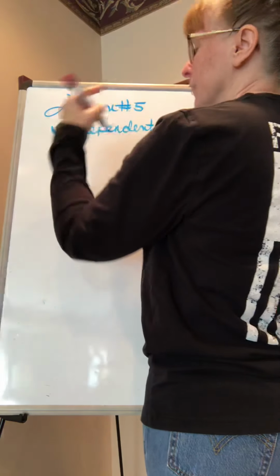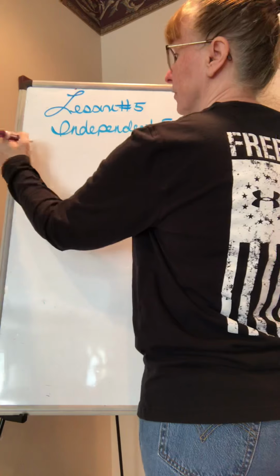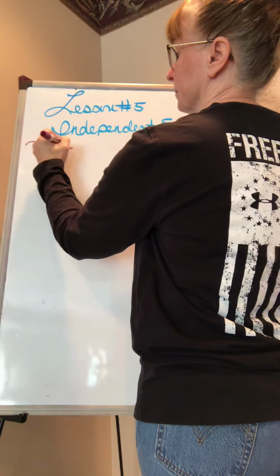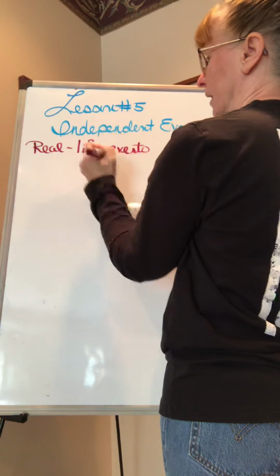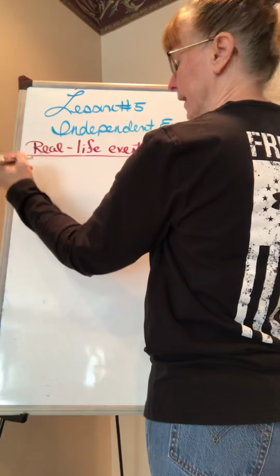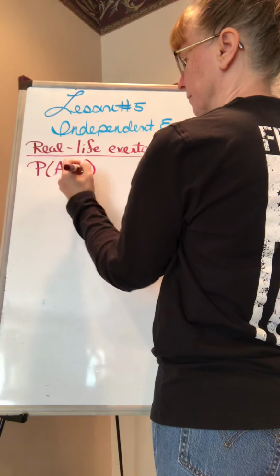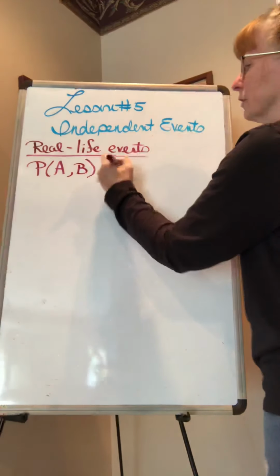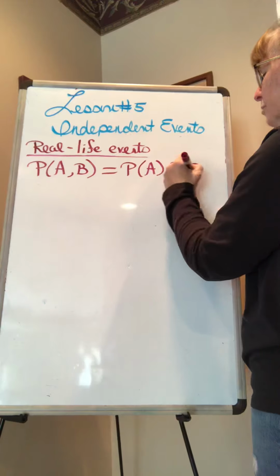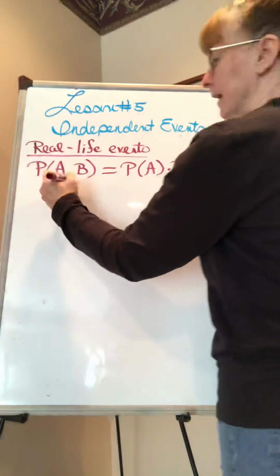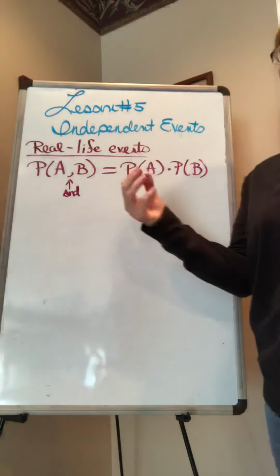If you have what we just did, so if you have like these real life events, you're independent if the probability of A and then B comes from the probability of A times the probability of B. You know, maybe you look at a chart.